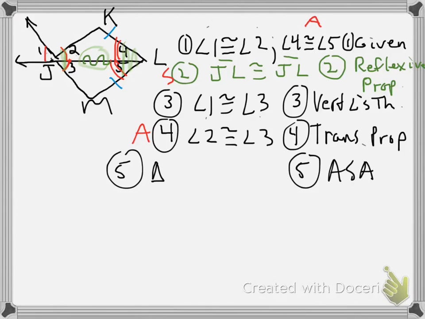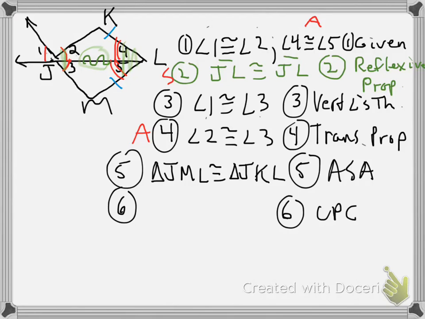So triangle JML is congruent to triangle JKL. And that allows me then to say, by CPCTC, we can now say KL, which is what they want us to prove, is congruent to ML.